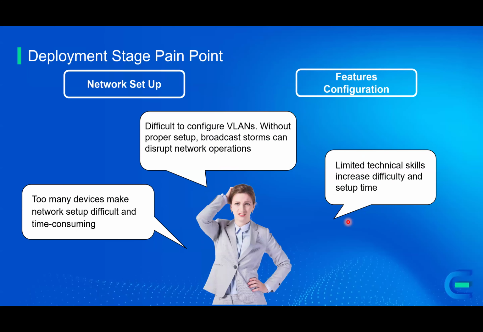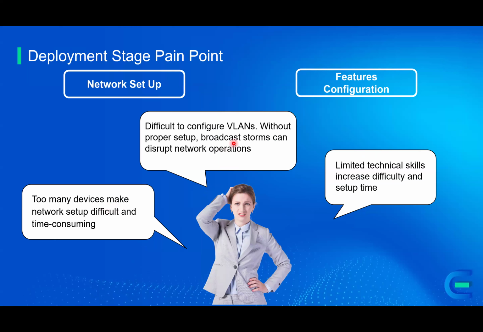After the pre-stage, maybe we can go to the deployment stage. In the deployment, if there are too many units to set up, it's difficult and time consuming for our partners.